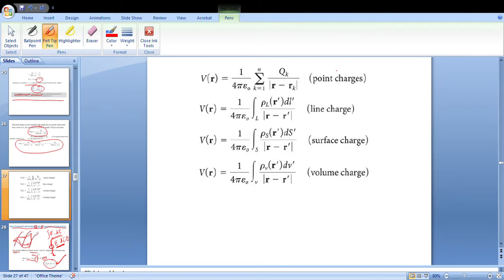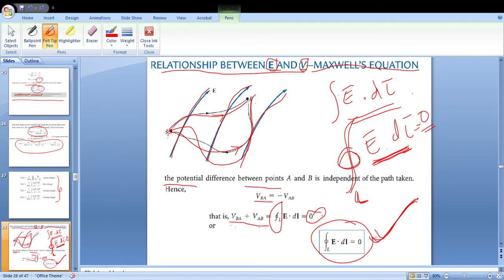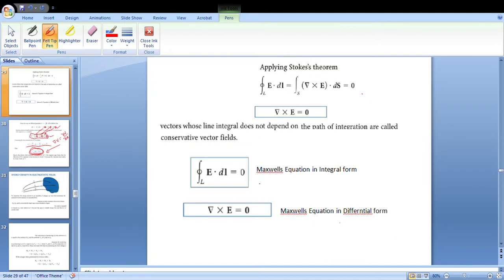Next, we have seen what are the formulas for potential for various kinds of charge distributions. Then we have seen the relationship between electric field intensity and the potential V, which is called Maxwell's equation. From this, we obtain two equations. One is Maxwell's equation in integral form. The other one is Maxwell's equation in differential form.